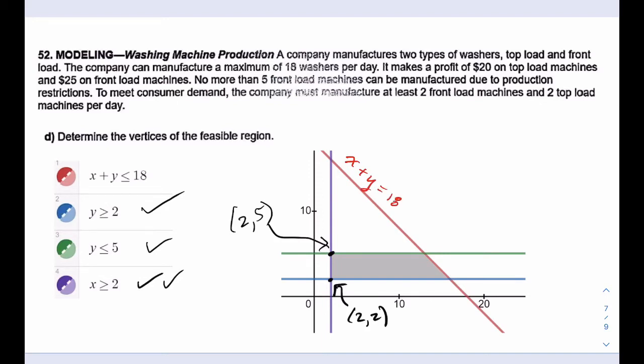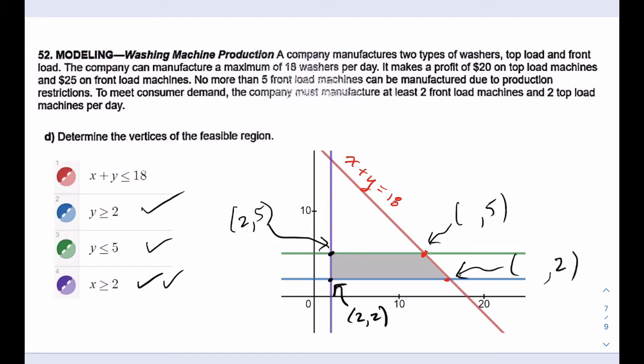And that will help us to find these two vertices. Well, how? With this one, I know that the y is equal to 5, and I have to figure out the x. And then here I know that the y is equal to 2, and I have to figure out the x.